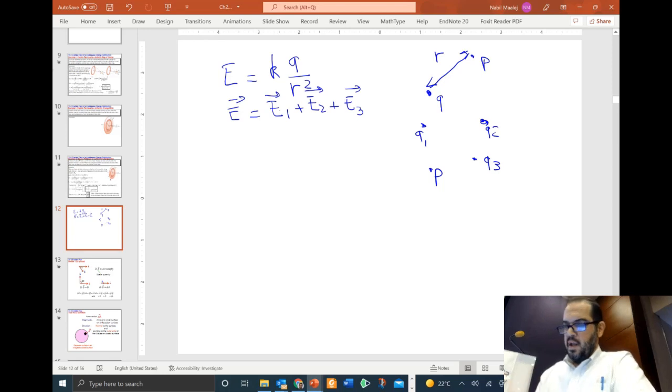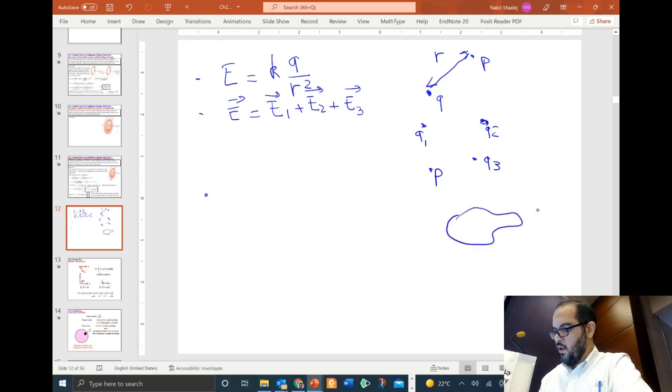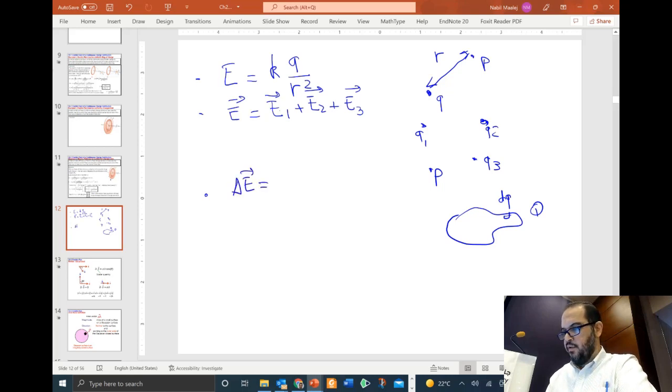During last lecture we said if you have a uniform body, a charged object, we can also use a similar method. So if you have a uniform charge distribution, let's say we have a charge Q, we can divide this into small elements, each one of them has a charge dq, and we can determine delta E, the electric field from this point.